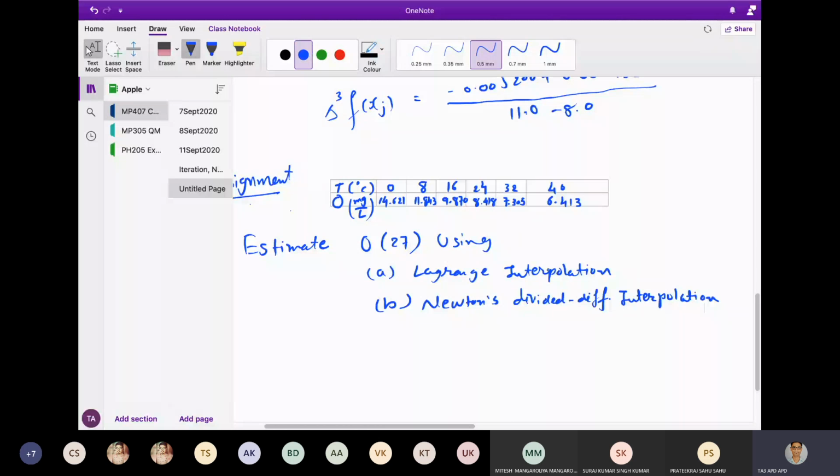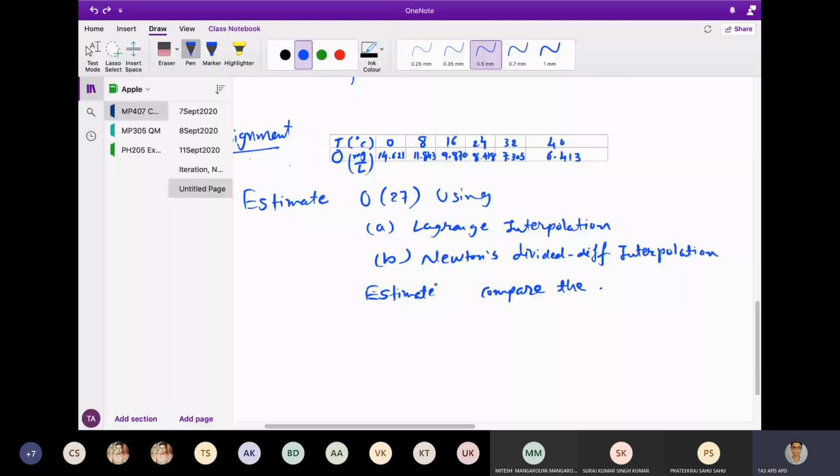Okay, so using Lagrange interpolation and Newton's divided difference interpolation, you have to estimate the dissolved oxygen at 27 degrees Celsius, and compare the relative error percentage for both the cases.